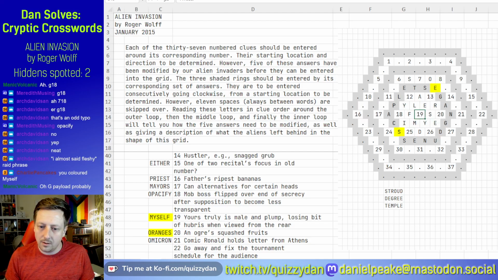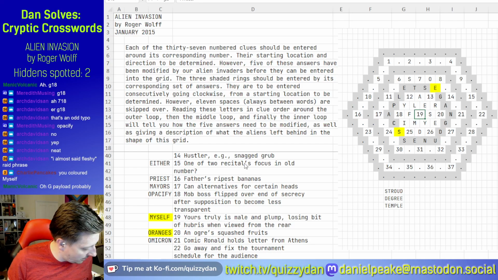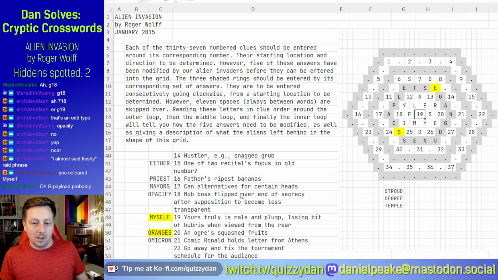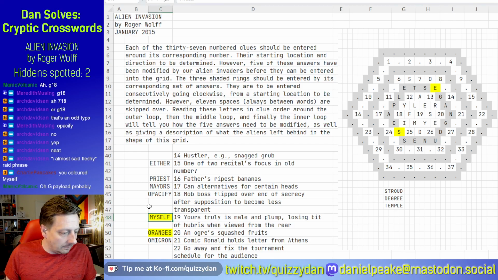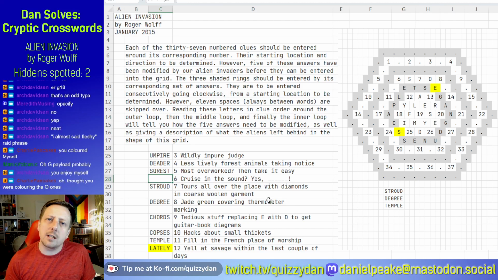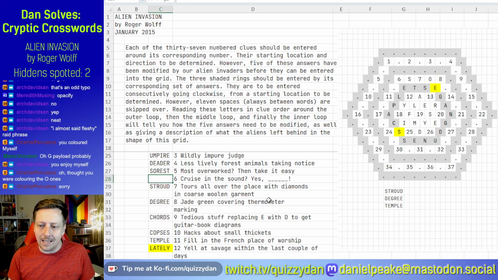We've done that, so that's fine. And I almost said fleshy is an excellent raid phrase. Okay, so let's go with 6. I don't understand this clue at all. First letter, please. Oh, I'm colouring everything. Once it's in the grid and I know where it is, it's just getting coloured.